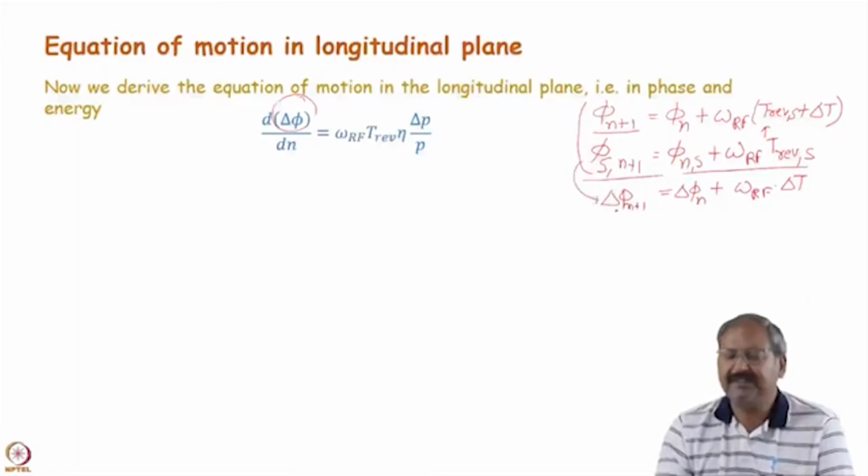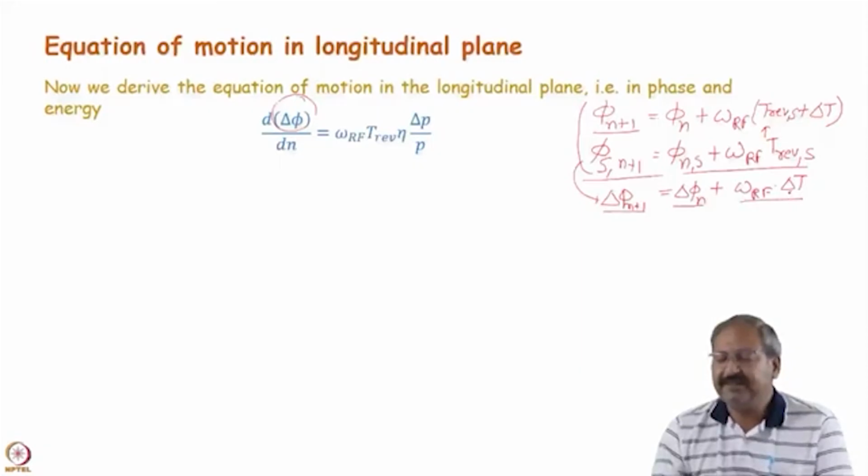So this is the deviation of the particle from the synchronous phase in the n plus 1th turn, this is the deviation of the particle from the synchronous phase in the nth turn, and this is omega RF delta T.